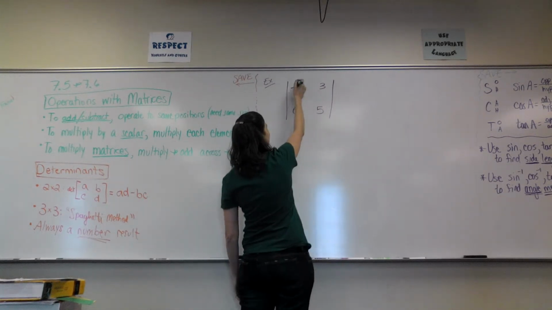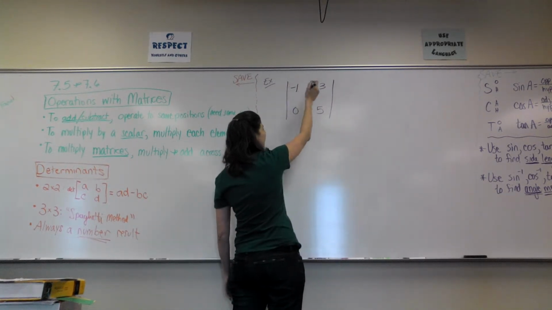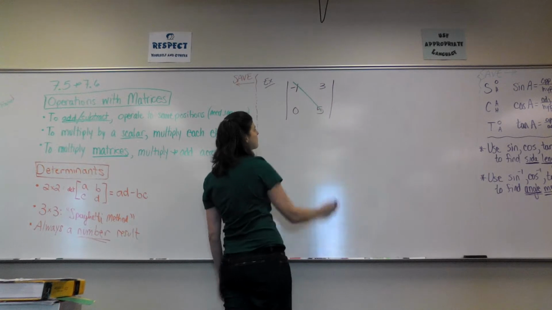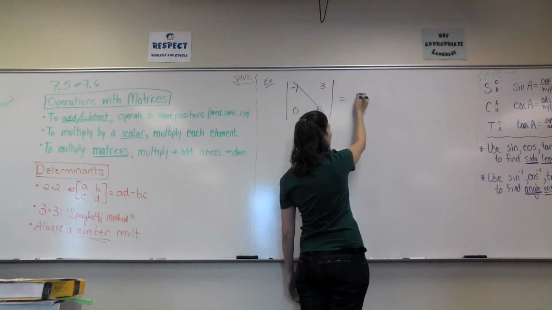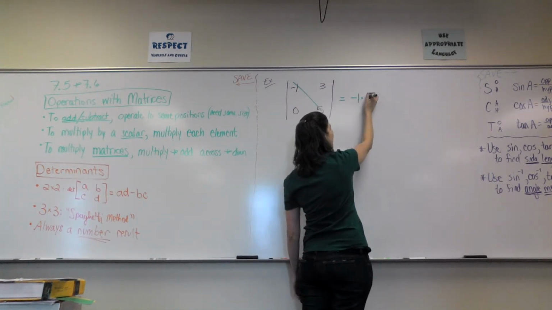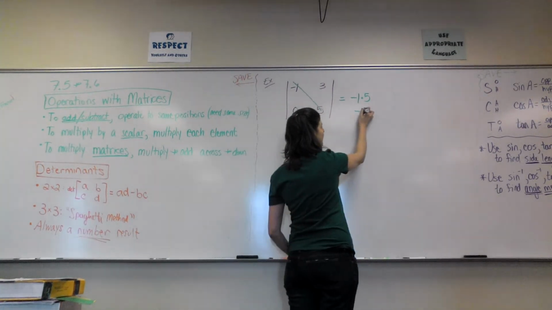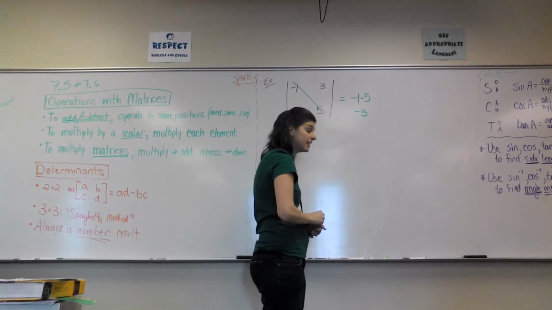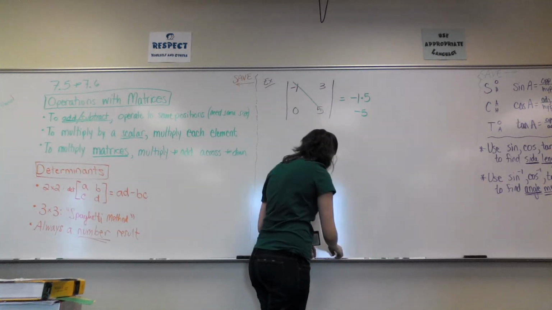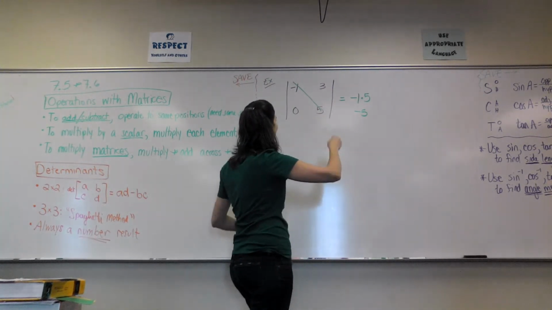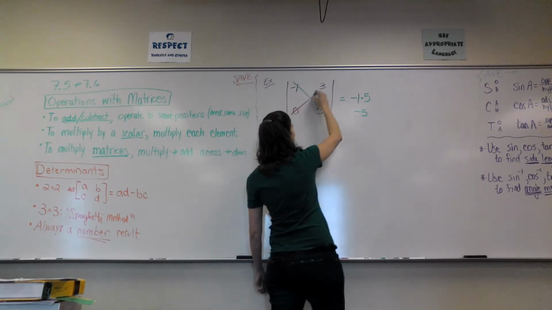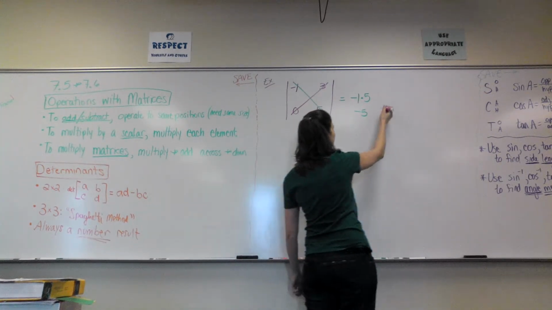Okay, we're going to take -1 times 5. Watch, -1 times 5. Yes, that gives me -5. That's not my answer though. That's not done, is my point. Okay, and then we're going to subtract 0 times 3.